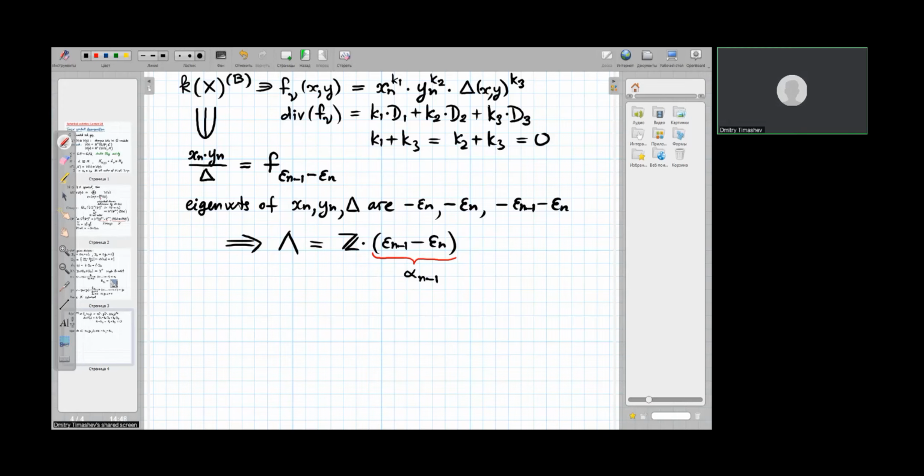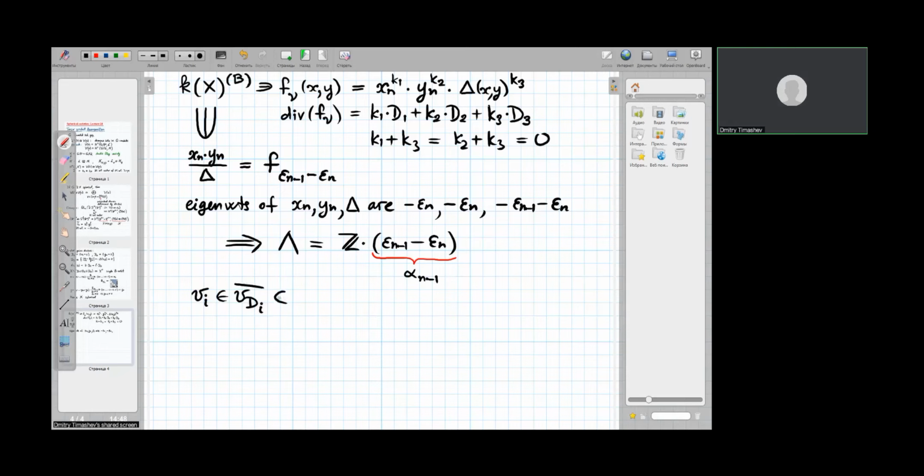Okay, so this is the weight lattice. Also, we can describe the vectors. So recall that we have the vectors vi corresponding to the B-stable prime divisors.